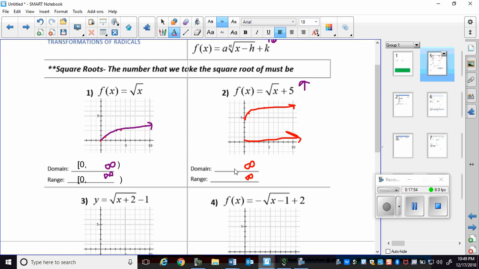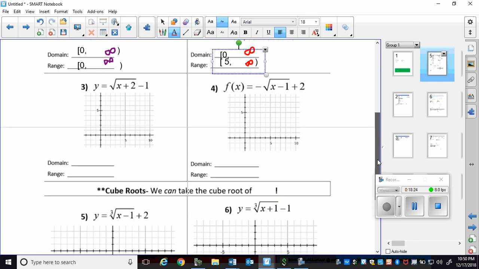So for the domain, I'm going to type it in here. I have hard bracket, 0, comma, positive infinity, parenthesis closed. My range, on the other hand, starts at 5 and goes towards positive infinity.